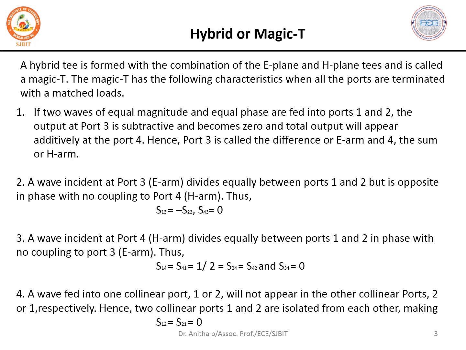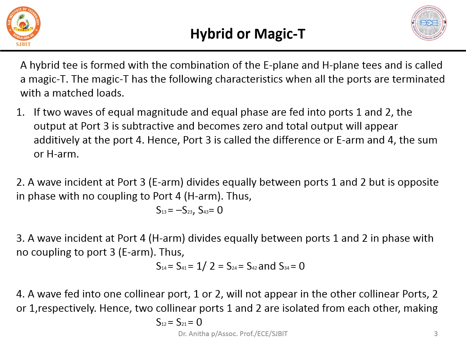So I am observing input given at port 4, output taken at port 1 and 2. You will have an equal amount of power divided into port 1 and 2, but there is no coupling at port 3. So S34 will be 0. So S43 and S34 are zeros. S13 is equal to minus S23. S14 equals S24, which is the same as S42 and S41.